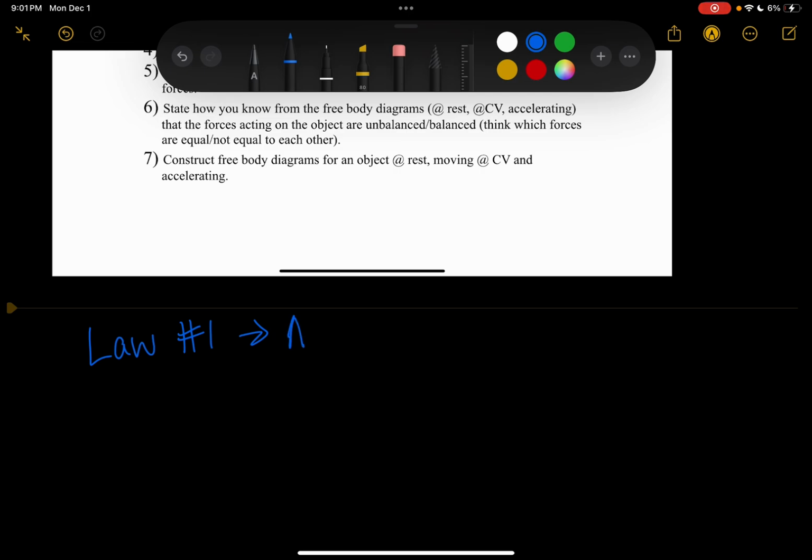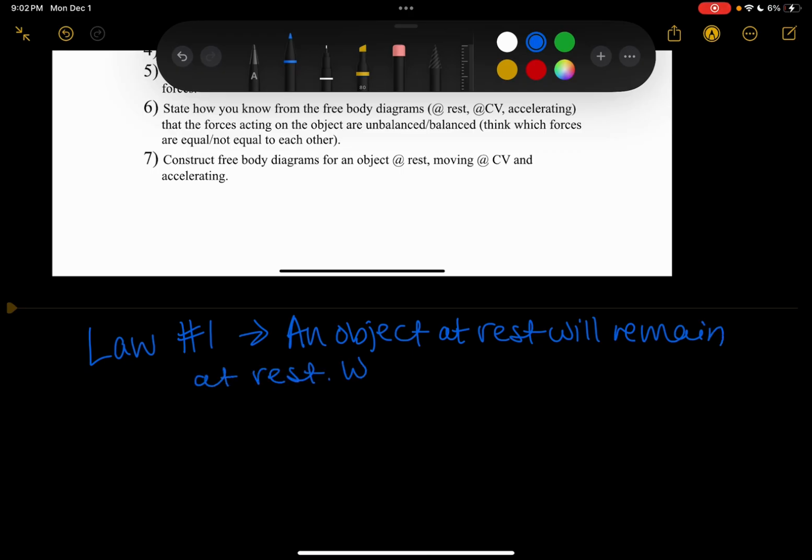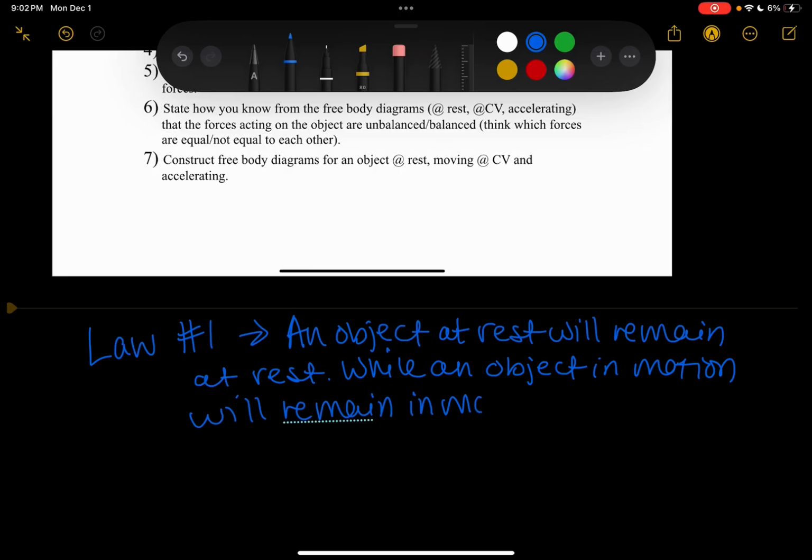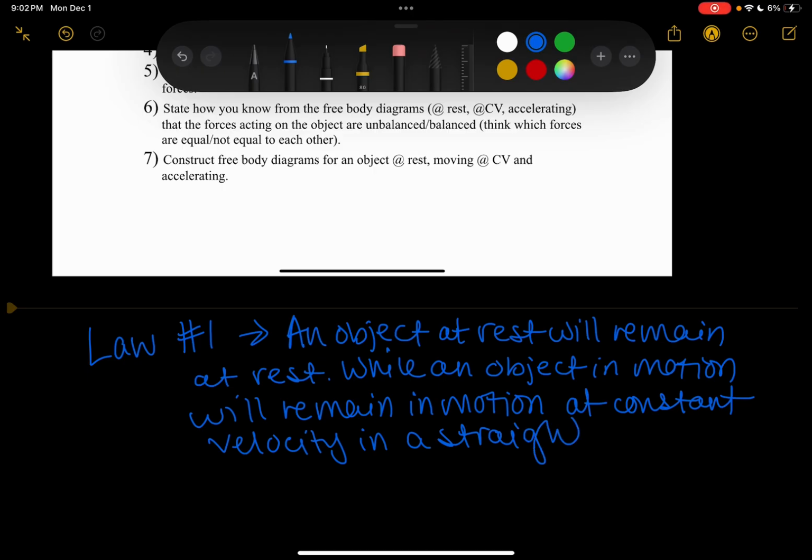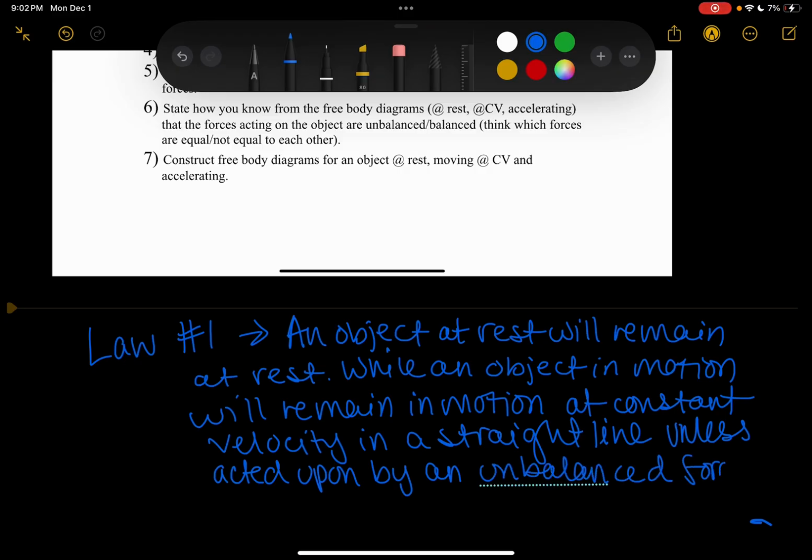So what it says is an object at rest will remain at rest, while an object in motion will remain in motion at constant velocity in a straight line unless acted upon by an unbalanced force. So yeah, this is a big chunky one, okay?